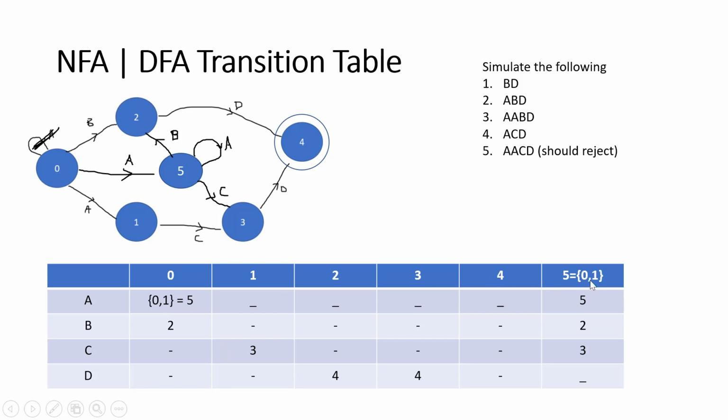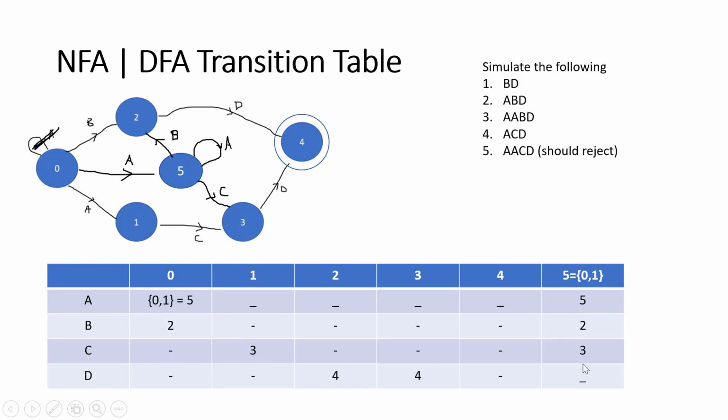We call that 5, so we introduce a new state. And then we'll try to figure out what to do with the 5. So 5 is a union of 0 and 1. If you take the union of 0 and 1, you get 5. Union of 2 and 2, you get 2.